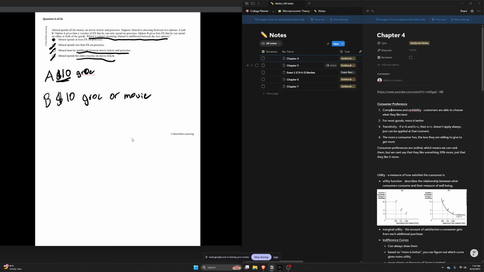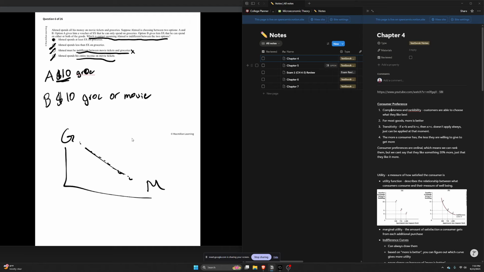He could spend on groceries, movie tickets, if he did like that. If he was indifferent, then anywhere along this curve would be his maximizing utility. Like utility curves are all over this thing. But we know that he's not indifferent because he has this $10 grocery voucher. So this one does not make sense.